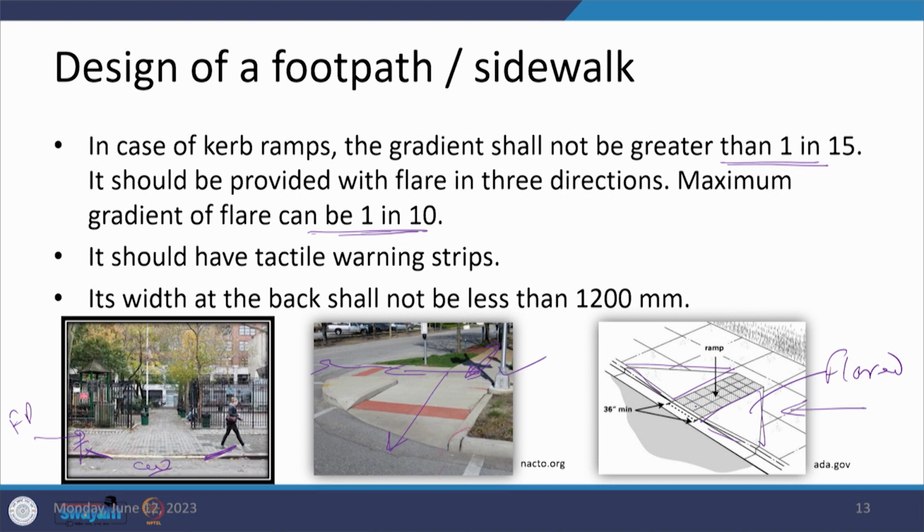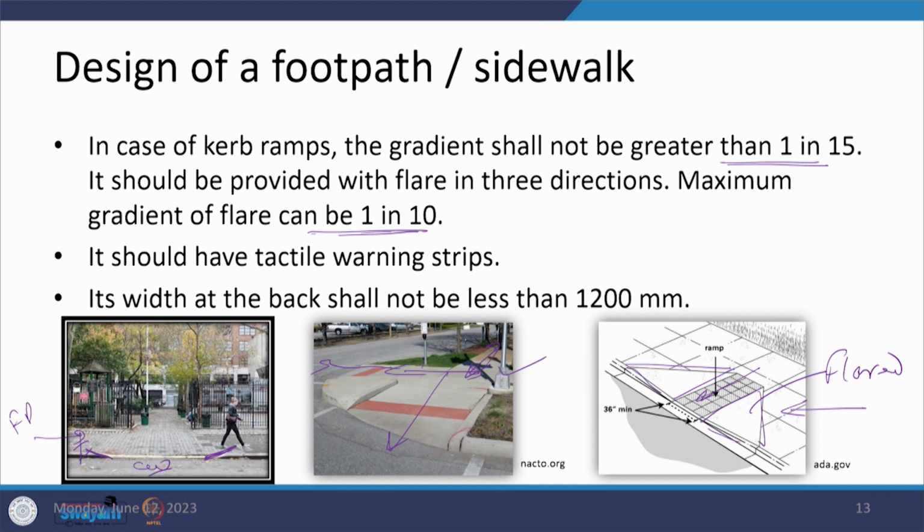And at this point, when the pedestrian is coming down along this ramp, you can see on the right hand side the number of tiles have been shown, but if you see in the central one there is a tile which is coming across the direction of movement. These are the tactile warning tiles which should be provided so as to warn the visually impaired or differently abled people that now they are approaching something which may be hazardous and they have to be cautious here.